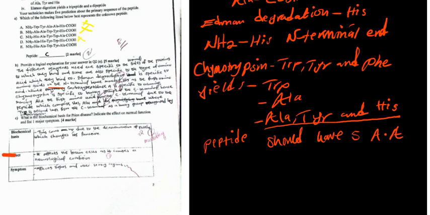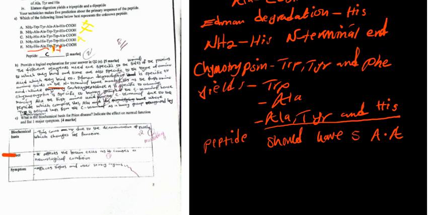So let's say here it will cut here. It can cut here, then it can also cut here, so that you have this fragment here, tyrosine and also alanine.